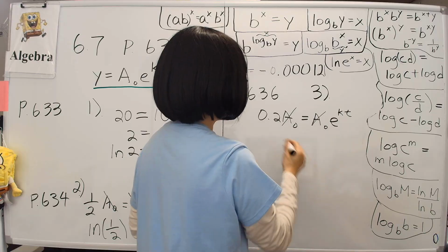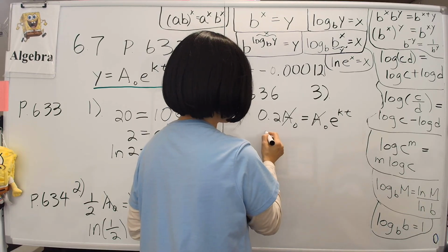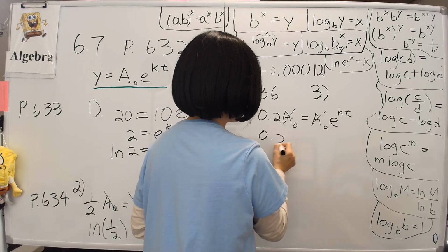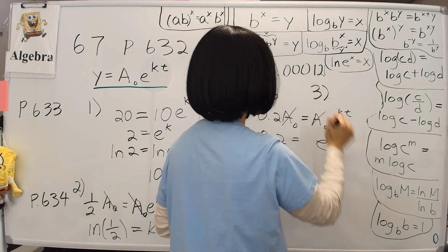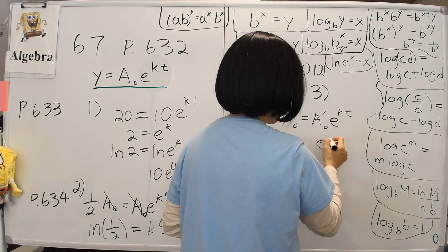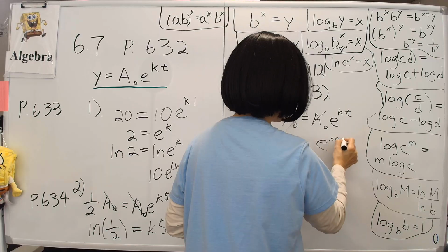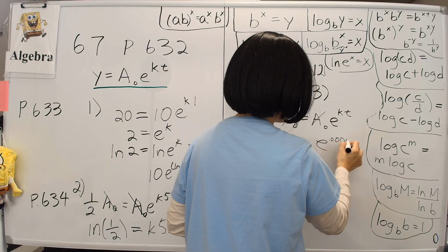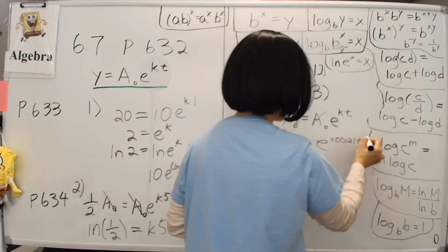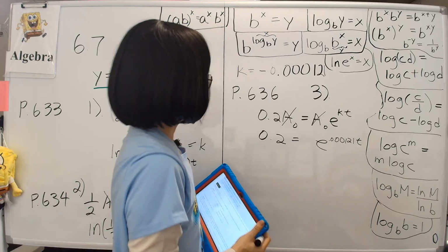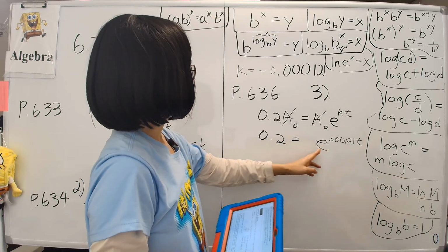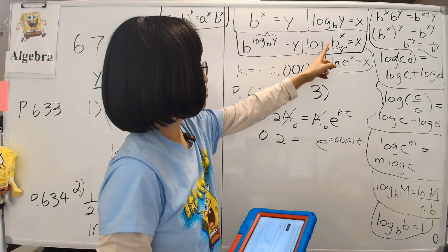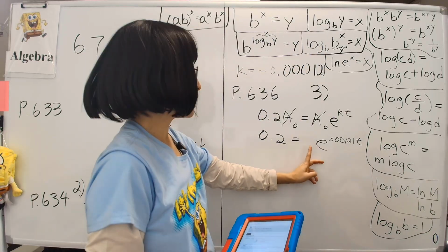All right, so let's write this again. So 0.2 equals e to the power, that thing, I'll write it down, 0.000121 t. All right, so we need to get rid of the e, right? And to do that, we'll slap the log in front. In the e's case, it's called the natural log.